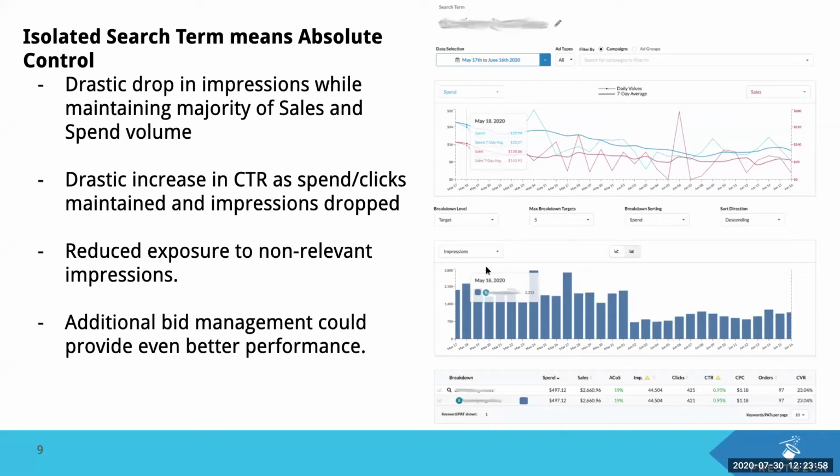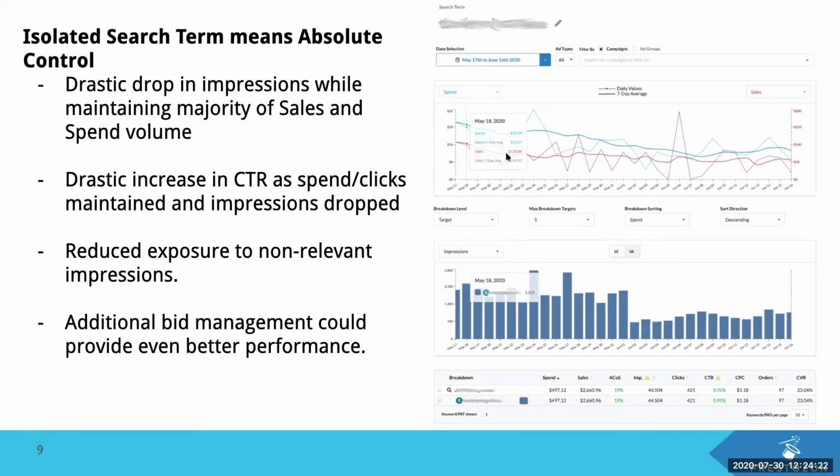If anyone is struggling to read the designations on the line graph, the top lighter blue is spend, and the darker blue is your spend 7-day average, so you have a point of comparison.